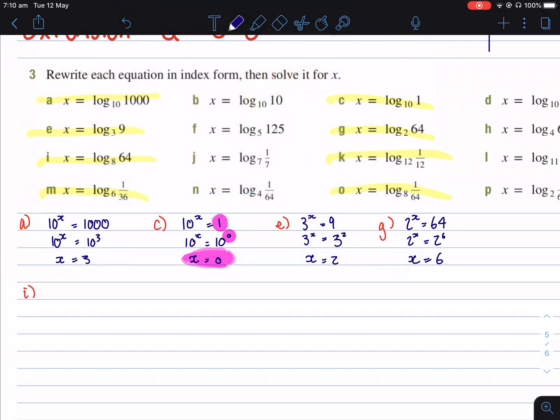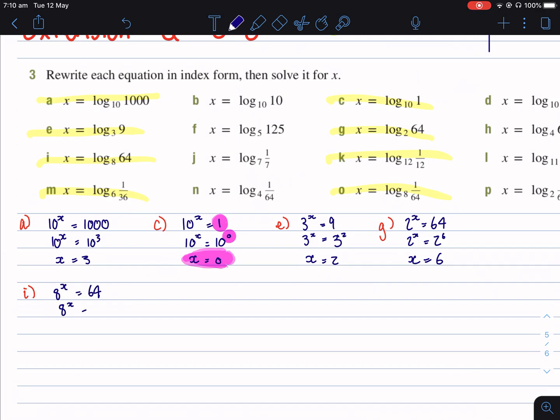We've got log base 8 of 64, so 8 to the something equals 64. Well, you know 64 is 8 squared. So x equals 2.